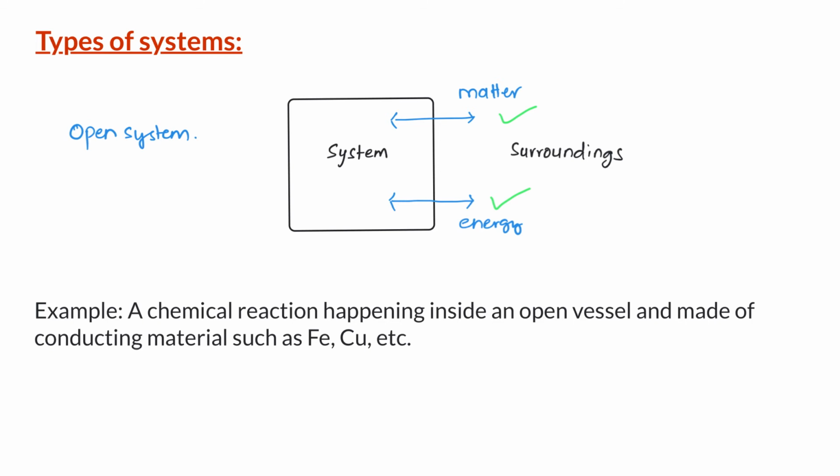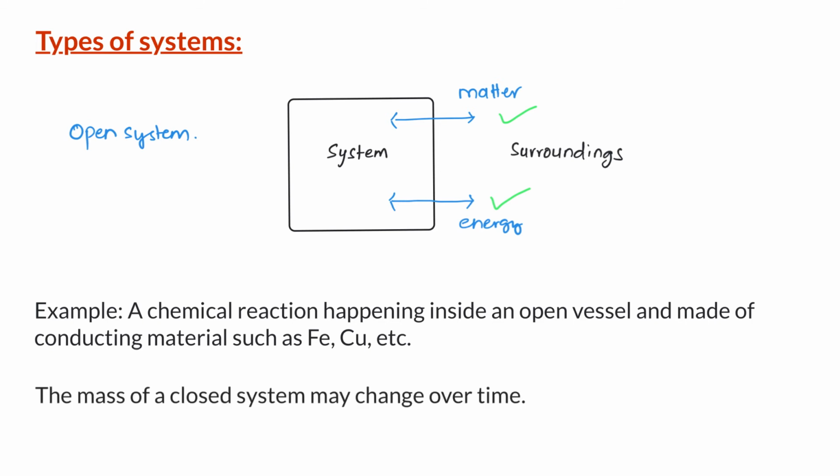Since the exchange of matter is allowed between the system and surroundings, the mass of an open system may change over time. Another example of an open system is the human body. We exchange both heat as well as matter between the surroundings and the human body.